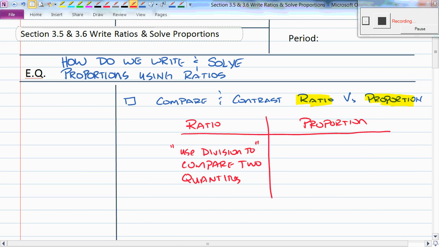Okay, how is that similar or different from a proportion then? Anybody there? So a proportion is a statement that sets two ratios equal to each other.